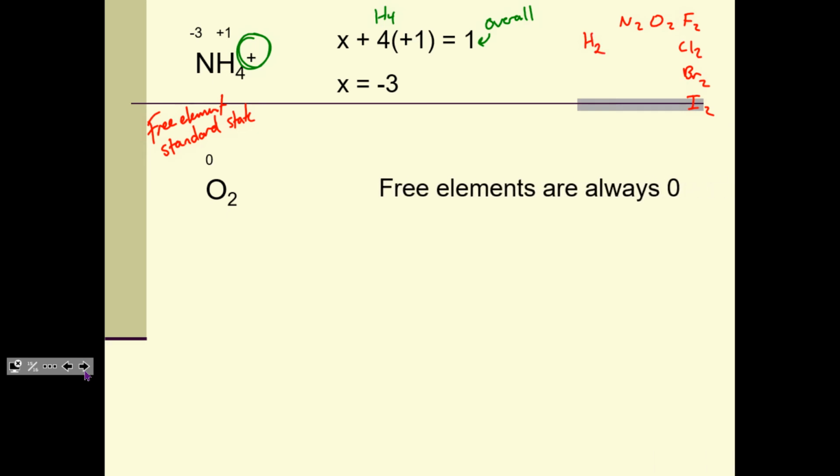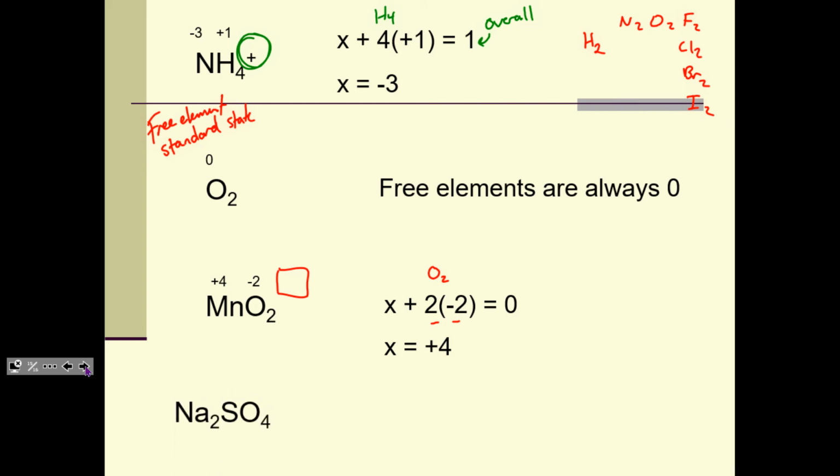Free elements are always 0. MnO2, oxygen's 2 minus. Manganese we do not know. We will have to solve, which is our X value. O2 would be 2 times that negative 2. There's no overall charge. When we solve, we get a positive 4 for manganese.